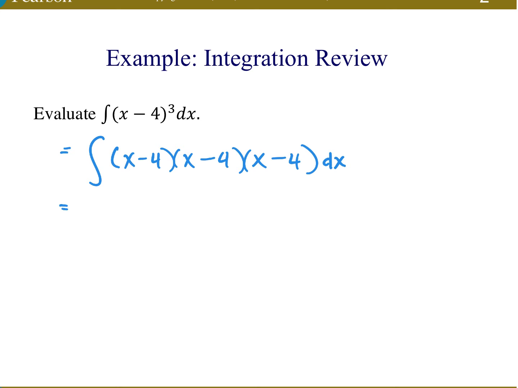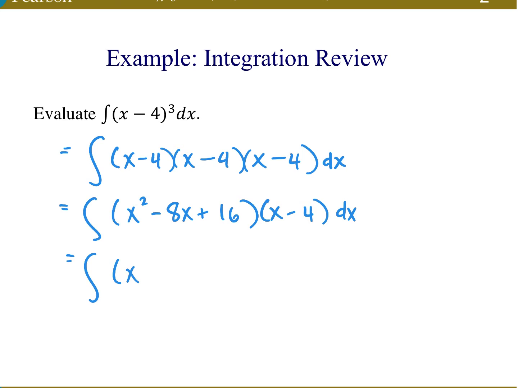All right, so you probably would have foiled the first batch, which would give you this trinomial, and then you would have multiplied those terms together, and you would have had x cubed, and then minus 4x squared, and then minus 8x squared, and then 16x, and then 64.